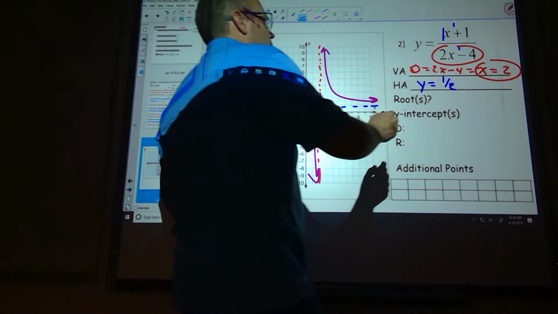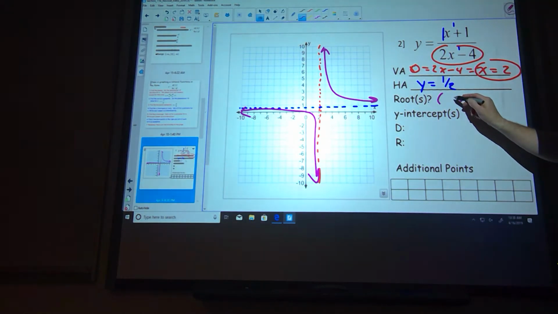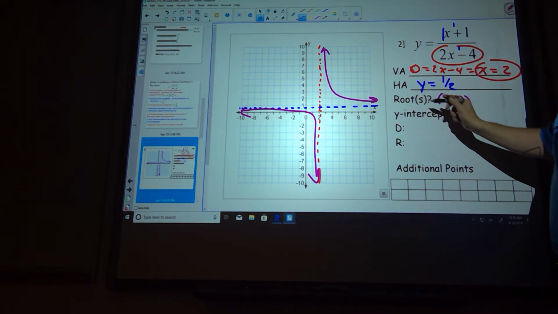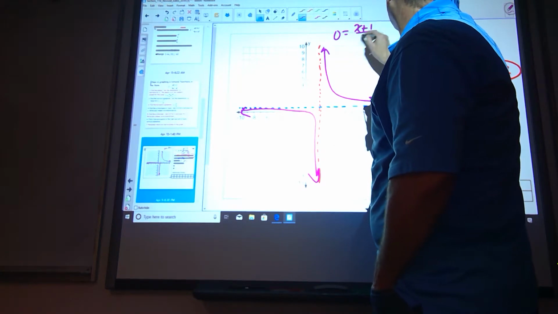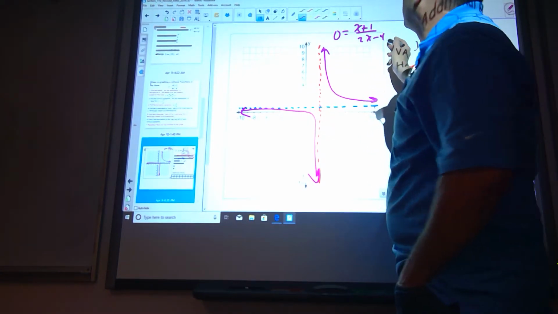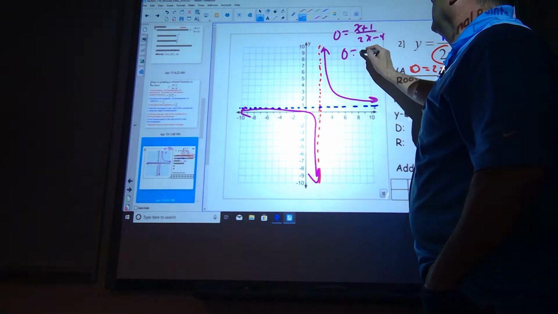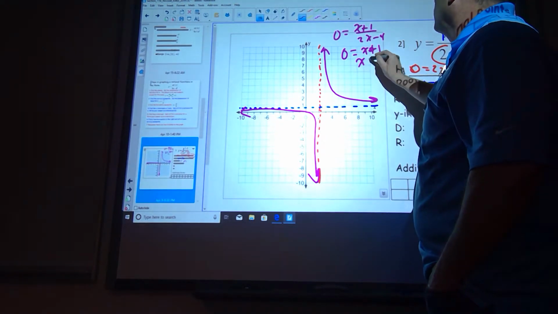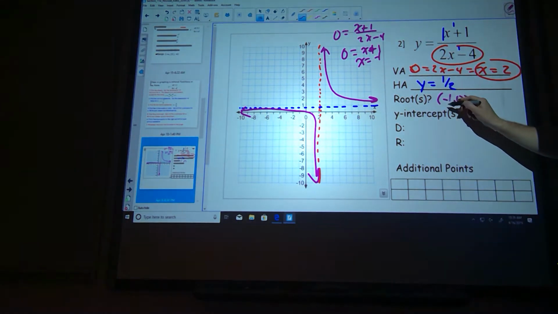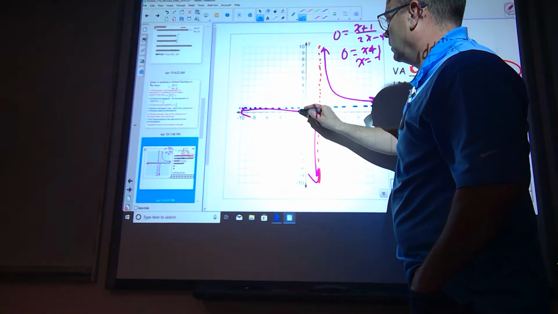So let's find the roots. I'm going to plug 0 in for my y value and solve it. Multiply it over there, so I wind up with this, plus 1. So x equals -1. So -1 is my root.